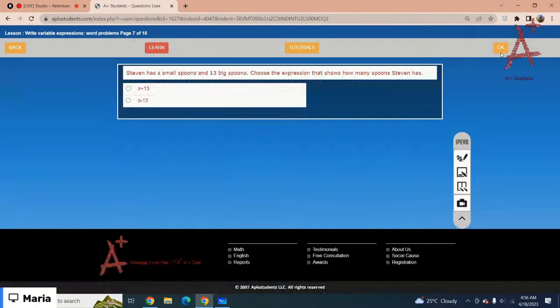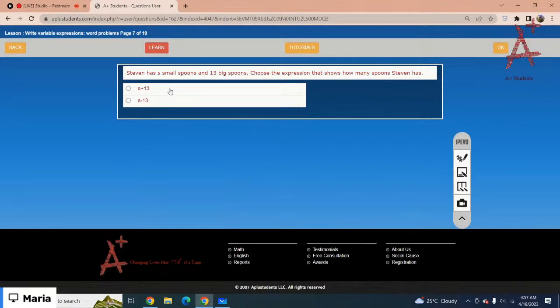Steven has S small spoons and 13 big spoons. Choose the expression that shows how many spoons Steven has. It would be S plus 13. Got it.